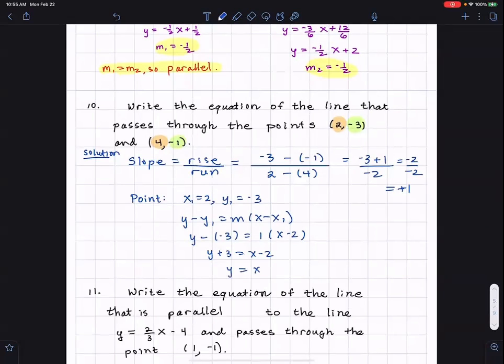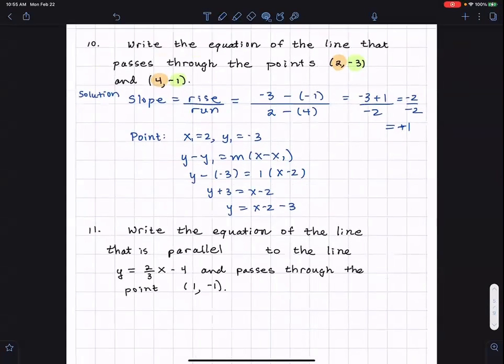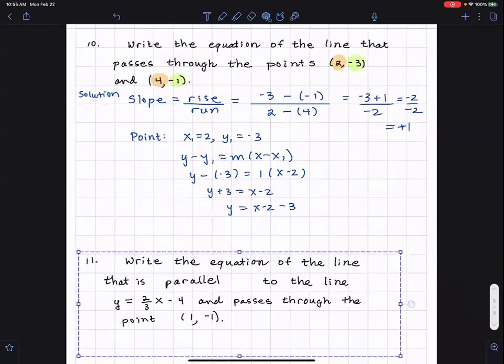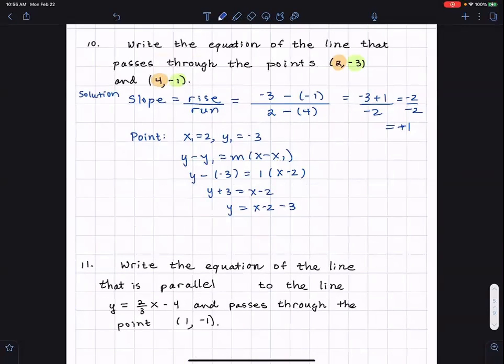Y equals x minus 2 minus 3. Y equals x minus 5.